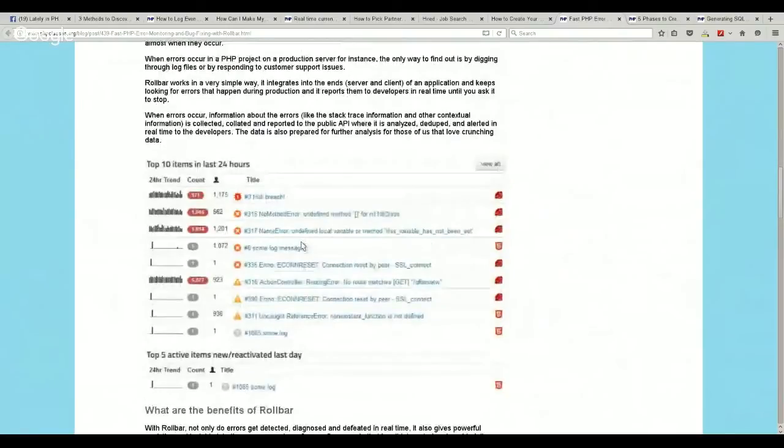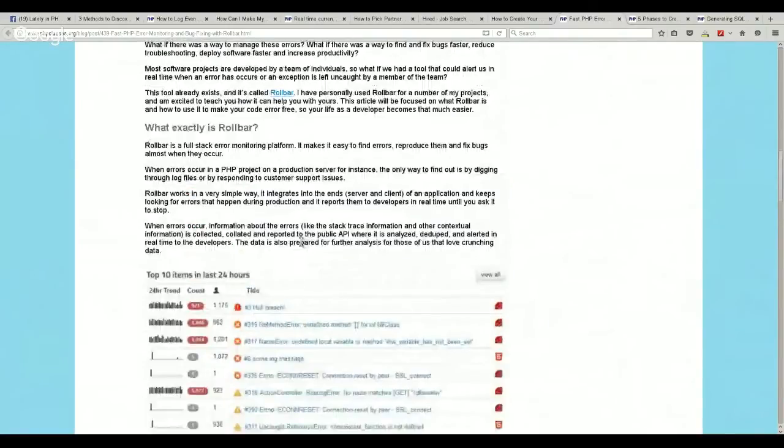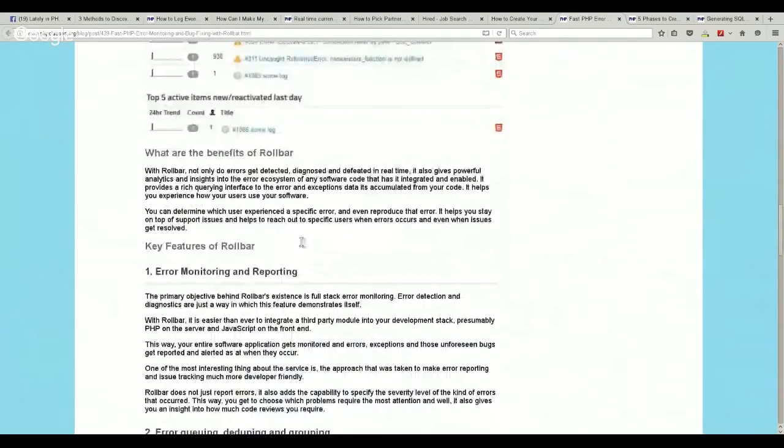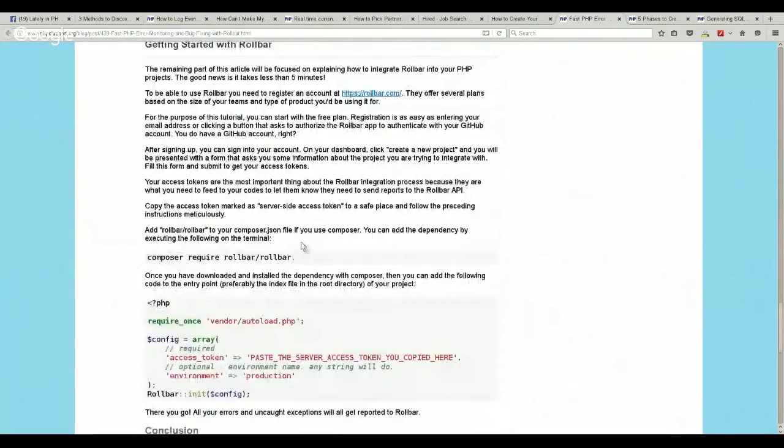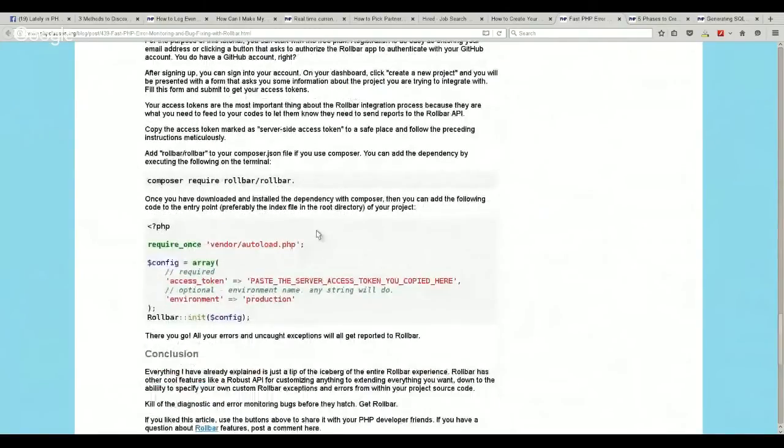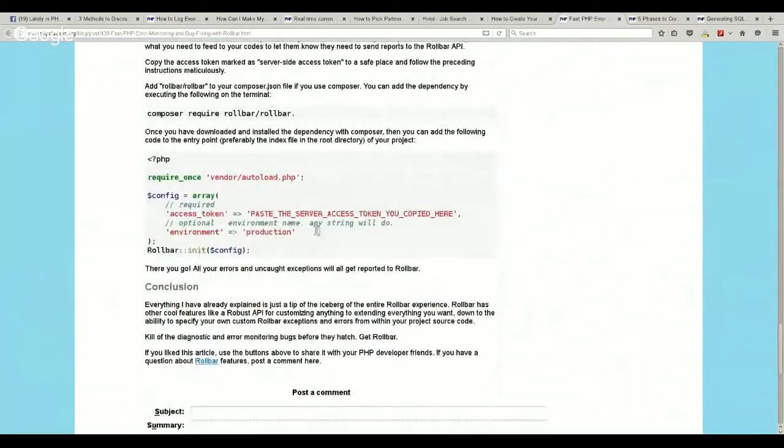It works not only with PHP, but also with other languages. Basically, this article teaches how to use it from PHP, which is very simple. Just basically one call that you can insert in your PHP code, and that's it.